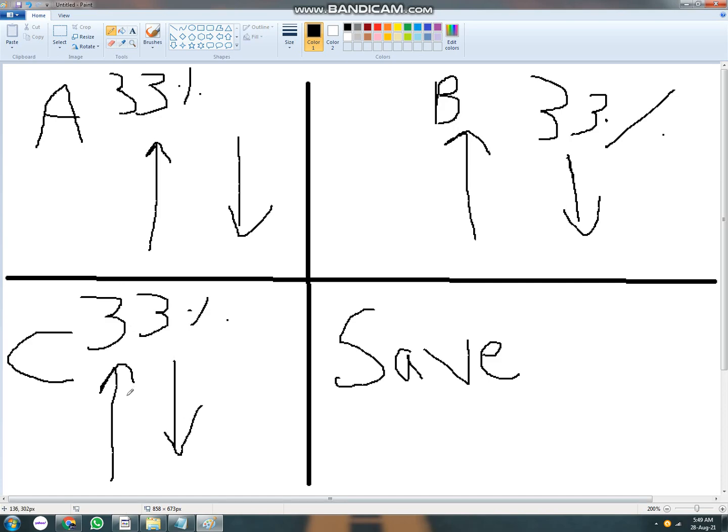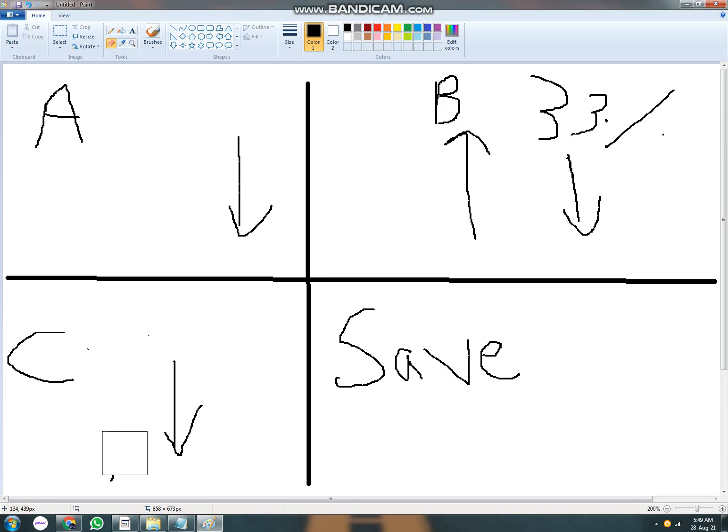Its chances are that out of these three this would go up, out of these three this would go up, and out of these three maybe this comes down. But what will happen if all of these drop, let me show you with an example.